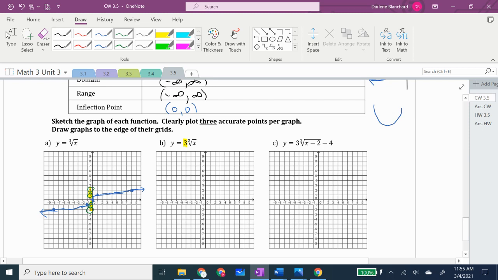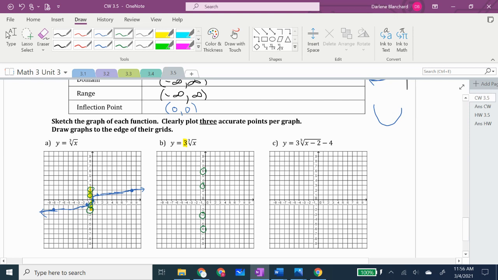Those numbers are being multiplied by 3. So when the graph was having a y-coordinate 1, it now will have a y-coordinate 3. Where the graph had a y-coordinate 2, it will now have a y-coordinate of 2 times 3, 6. And then on the negative end, negative 1 times 3 is negative 3. Negative 2 times 3 is negative 6.